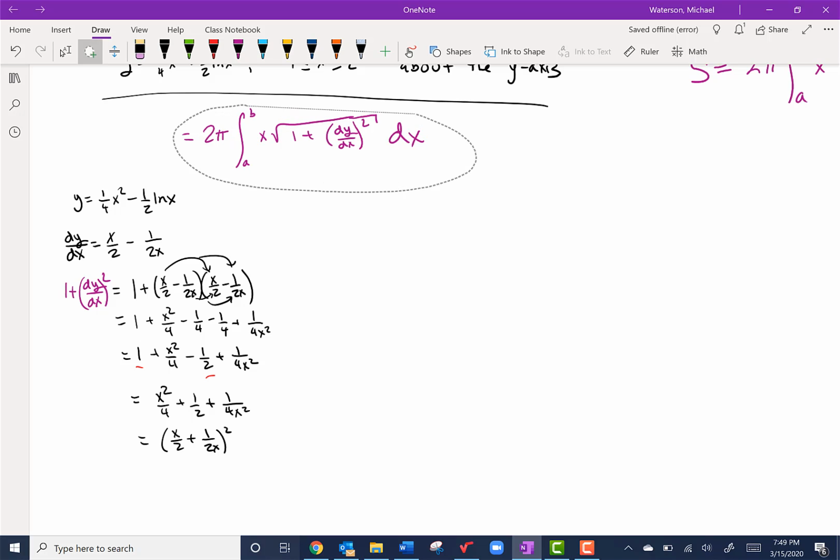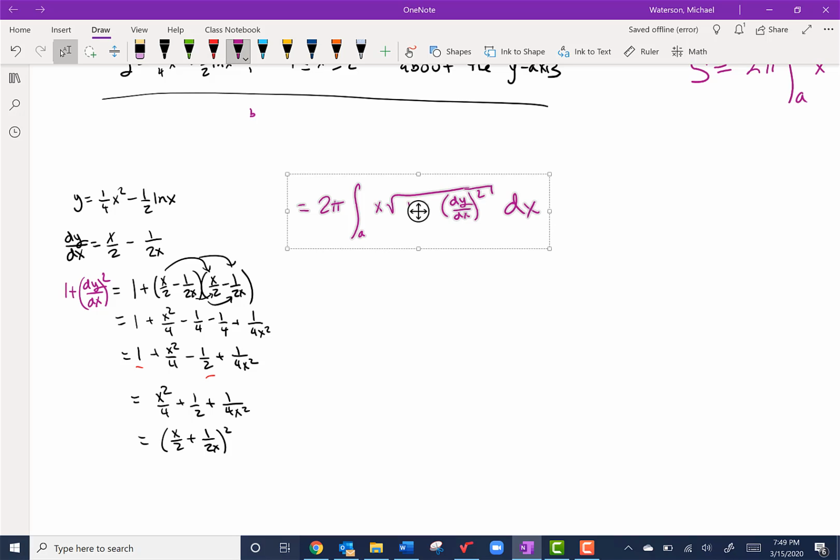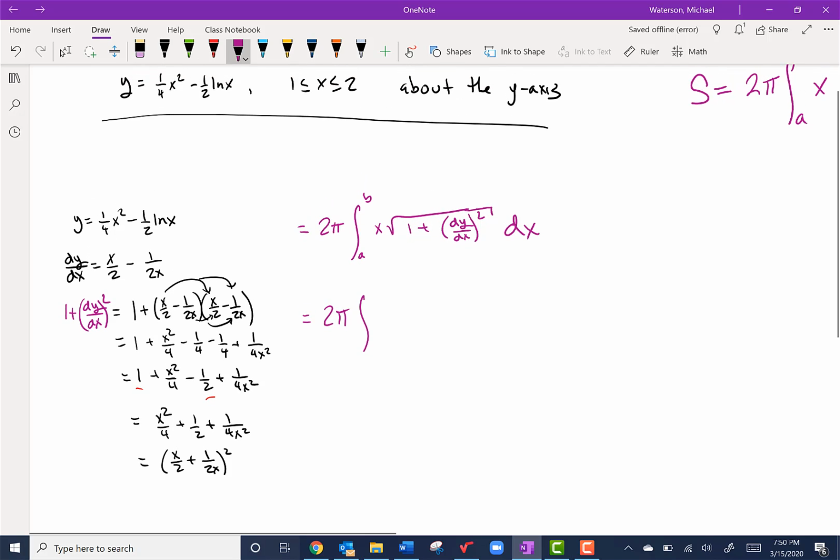Let's start solving. So we're doing the integral from 1 to 2 of x times the square root of our 1 plus dy/dx, but we've already solved for that, and that's going to give us x over 2 plus 1 over 2x all squared dx.